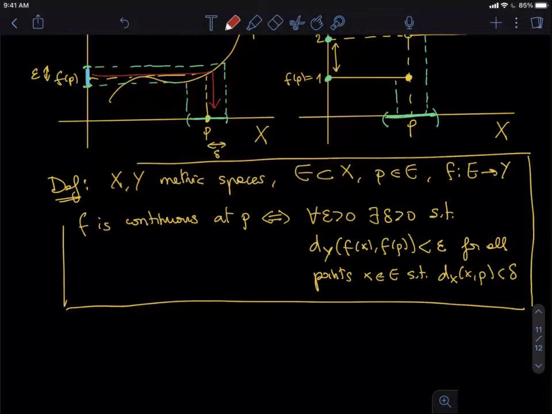We take the epsilon first, a neighborhood around f of p, and then we send it back to discover that there is some delta, which gives us another interval where all the pre-images of the f of x are going to land. I'm talking with intervals as if we are in R, but in a metric space we don't say intervals, we just say neighborhoods. And that is what we are giving here. This is a neighborhood.